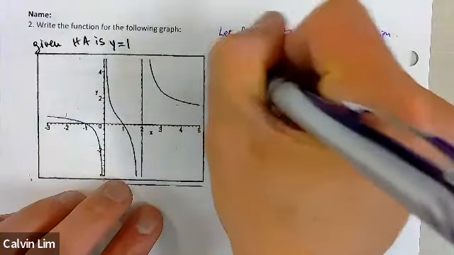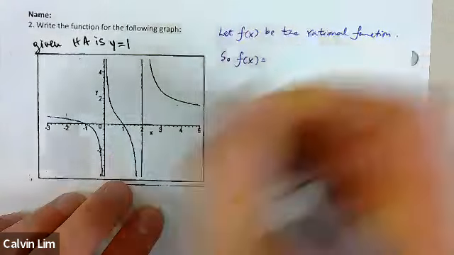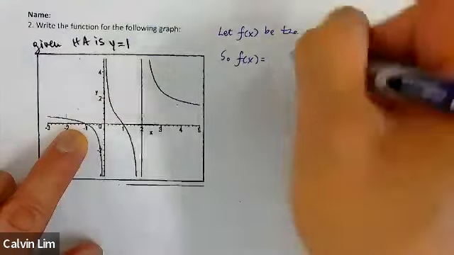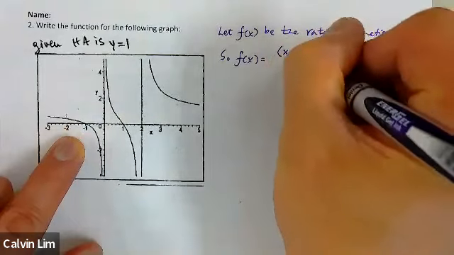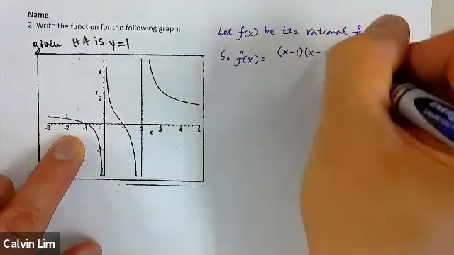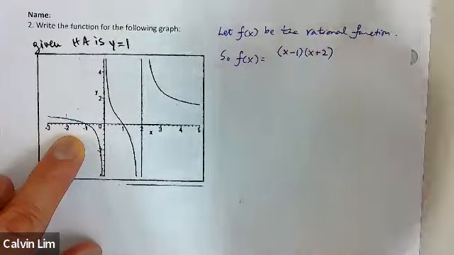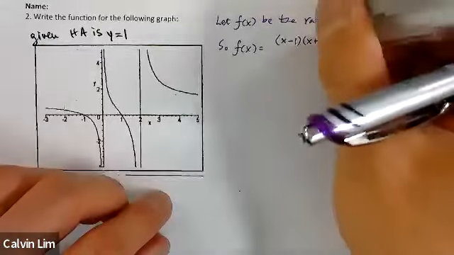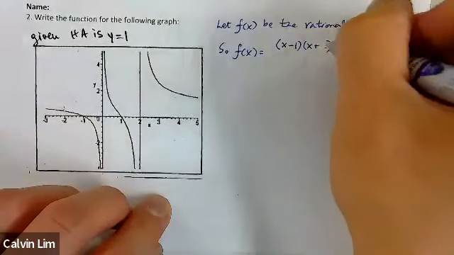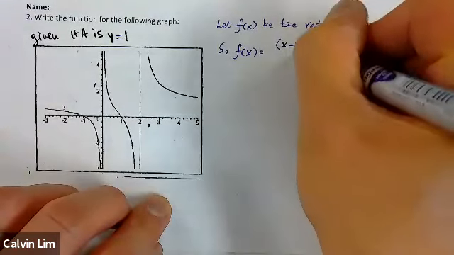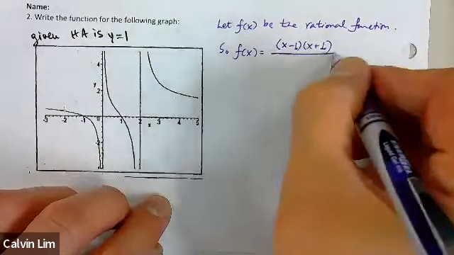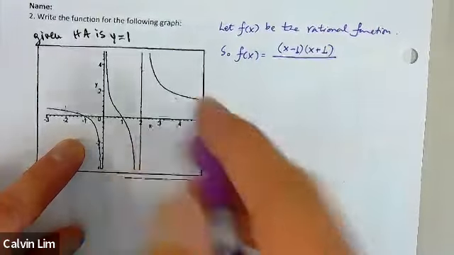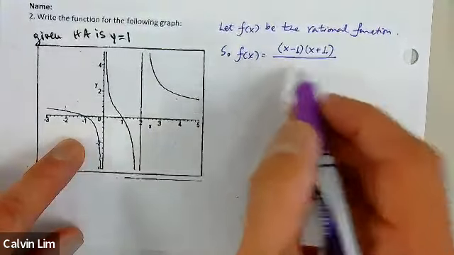Knowing the x-intercepts gives us the factors of the numerator: x plus 1, x minus 1. And based on the vertical asymptote, we know the factors of the denominator.